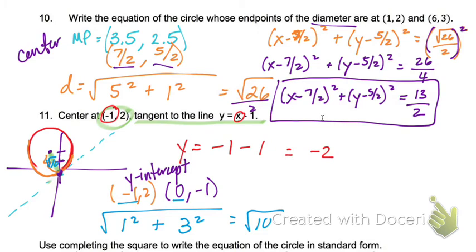When I put it into my original equation, it would look like x plus 1 squared plus y minus 2 squared equals r squared, which is just what? 10.